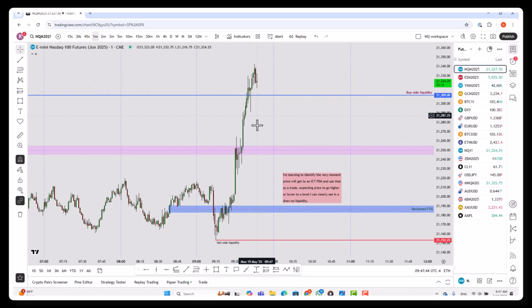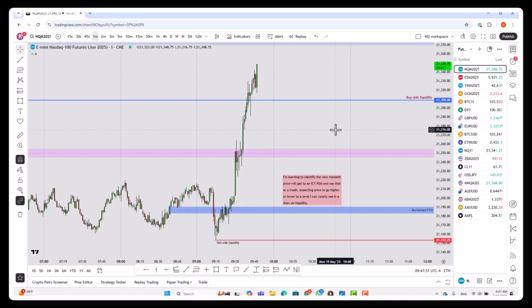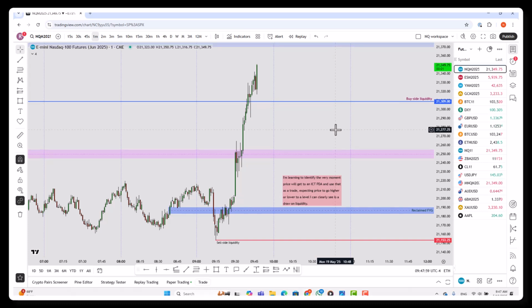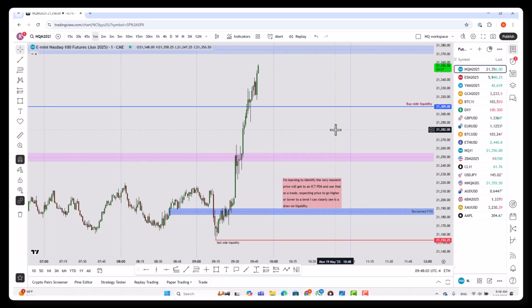So that's the 2022 model right here. Right there, that's the fair value gap.